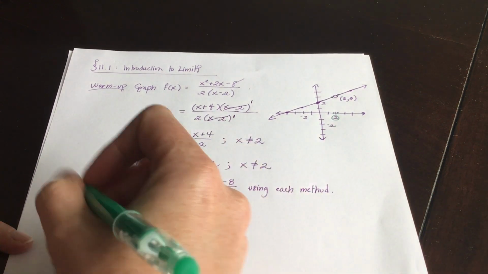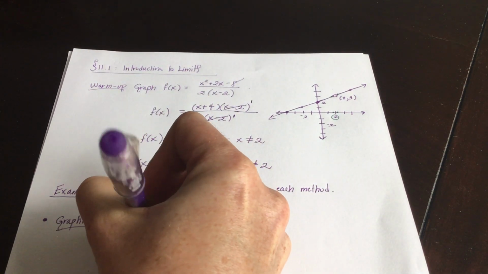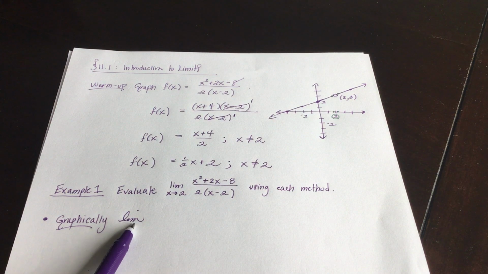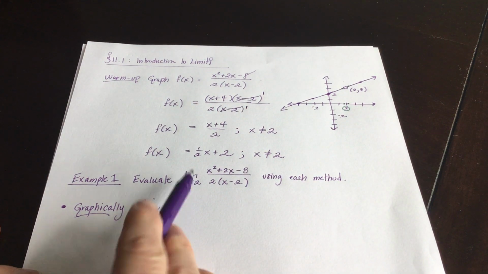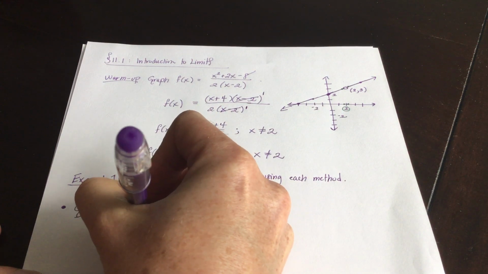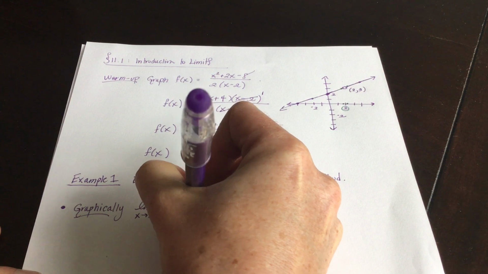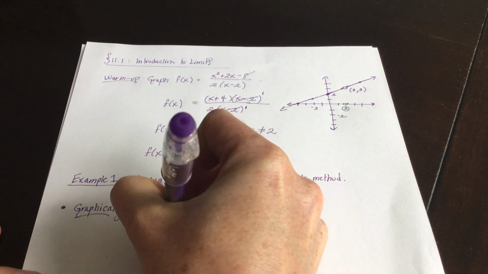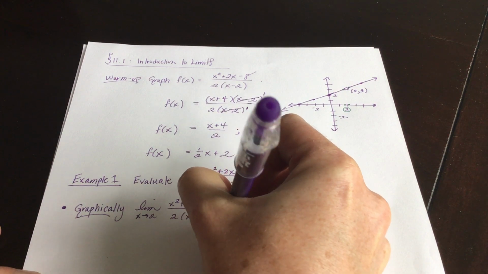So we would say, graphically, oh, by the way, this is what my LIM looks like pretty much from here on out. So you just have to know that that is the limit. We would say the limit as x approaches 2 of x squared plus 2x minus 8 over 2 times the quantity x minus 2 is 3.